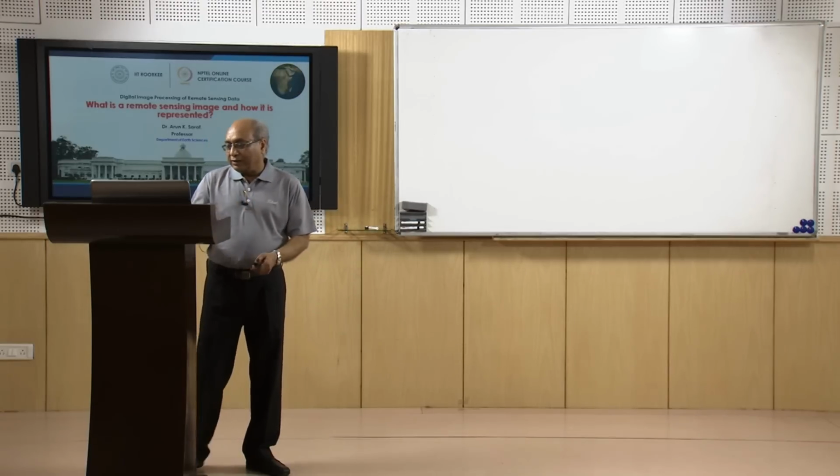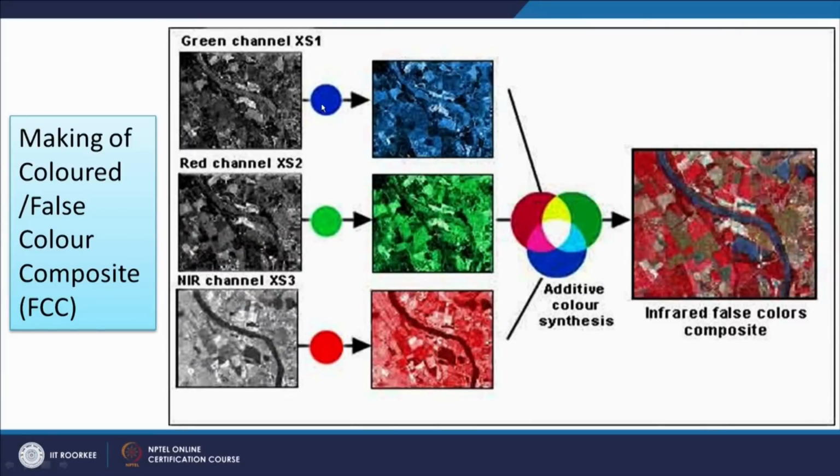Suppose I take the example of Landsat MSS, which has 4 channels. Out of these 4 channels, I can use 3 channels which have completely different signatures of different objects present on the surface of the earth, and assign them 3 colors, red, green, blue. And once we assign, these will be represented like this.